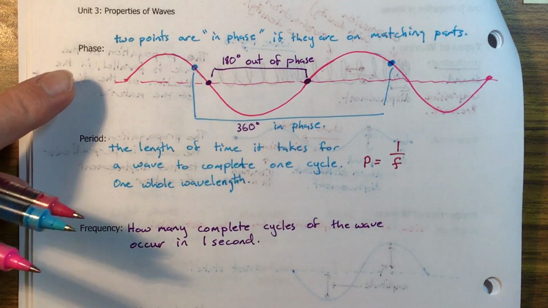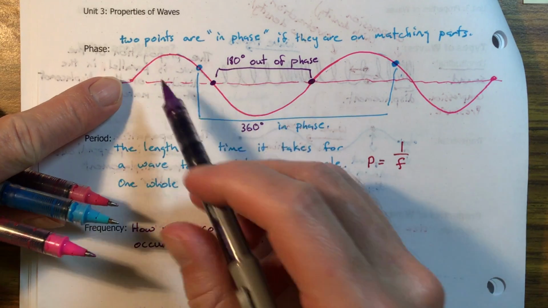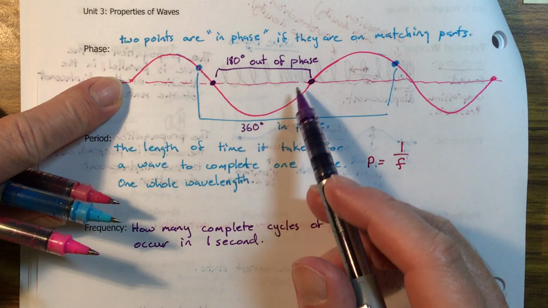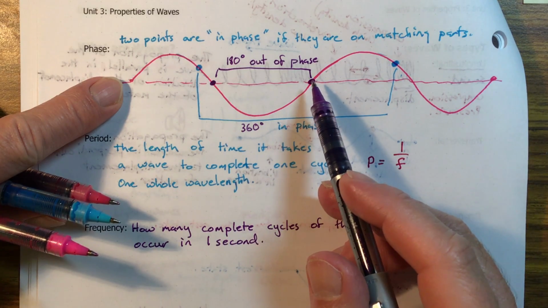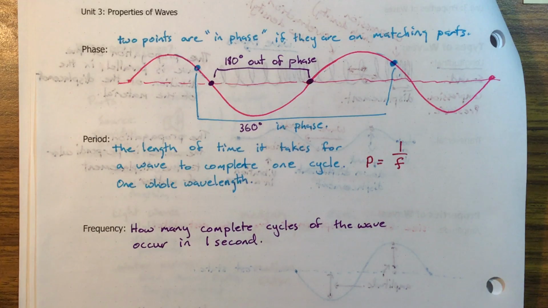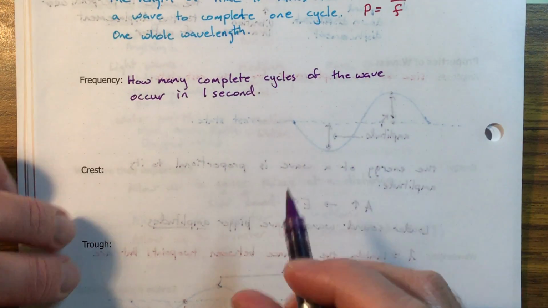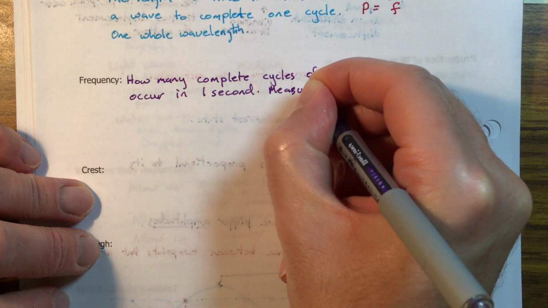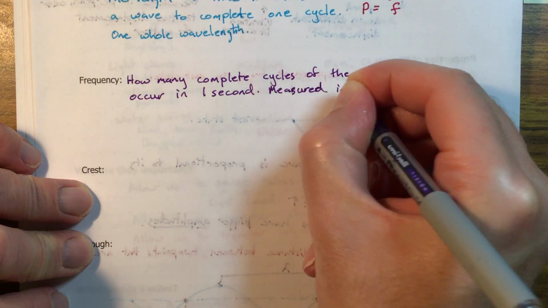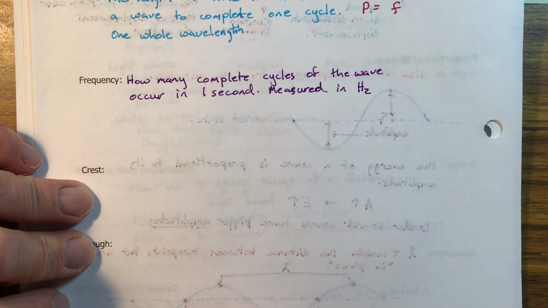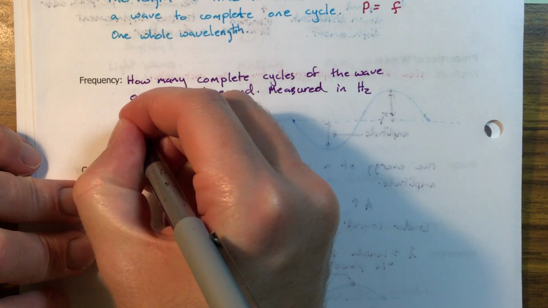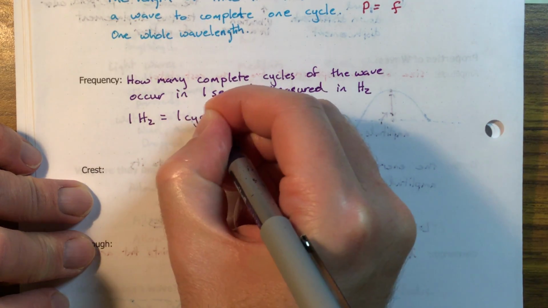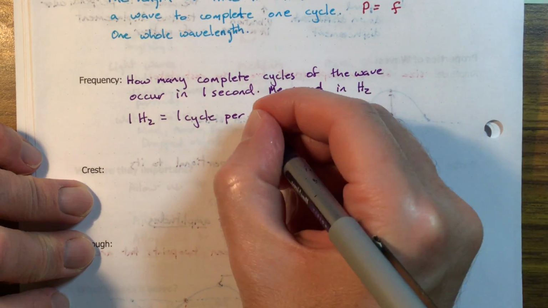So a complete cycle is from here to here. It goes to one side, displaces to the other side, then back to rest state. That's one cycle. So how many complete cycles of the wave occur in 1 second? This is measured in hertz. Okay, so 1 hertz is equal to 1 complete cycle per second.